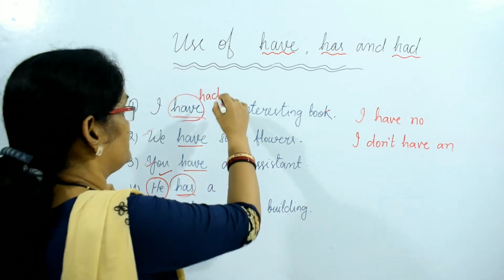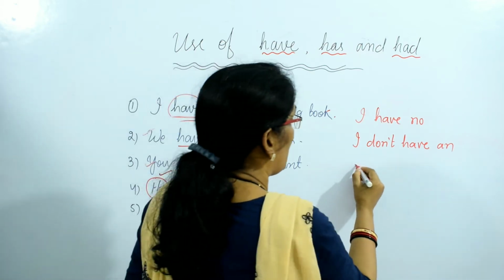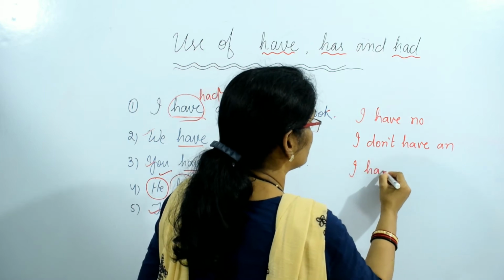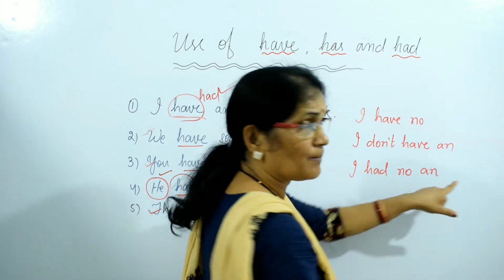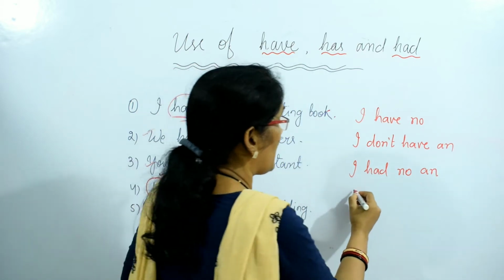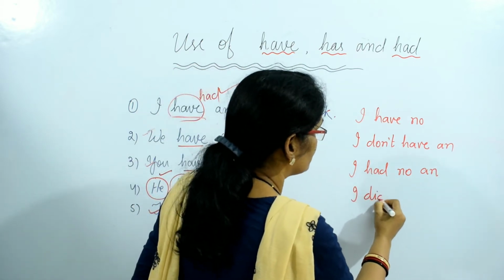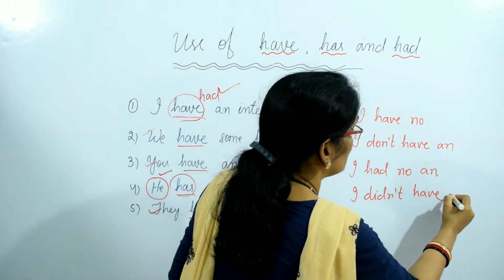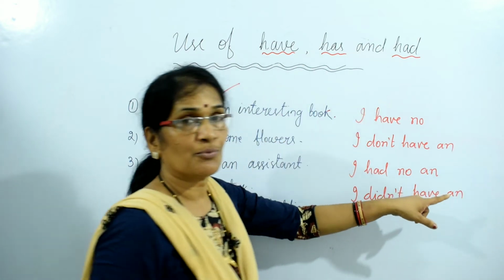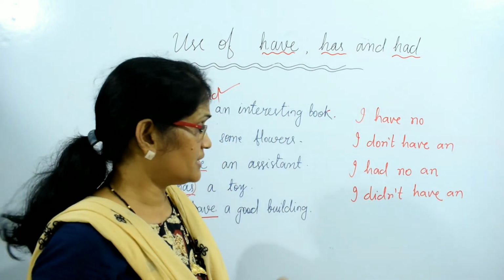For had, I had no uninteresting book. Or I didn't have an interesting book or any interesting book.